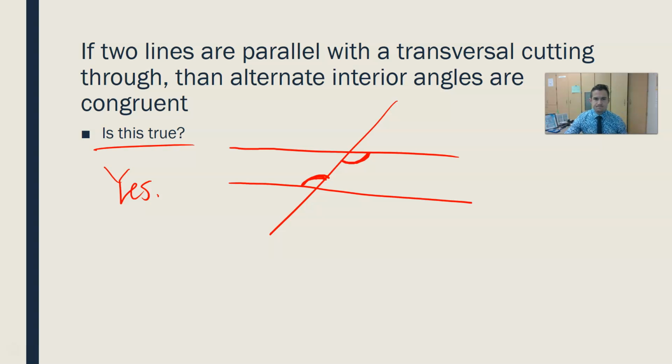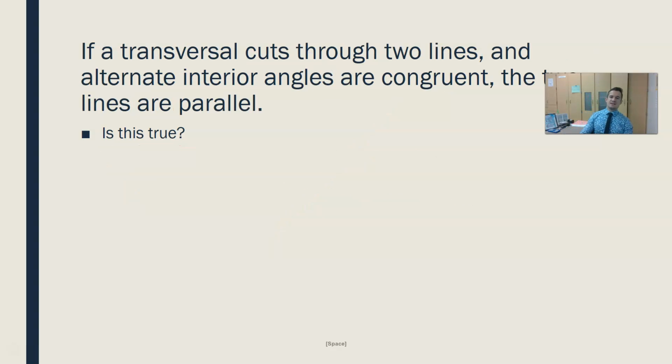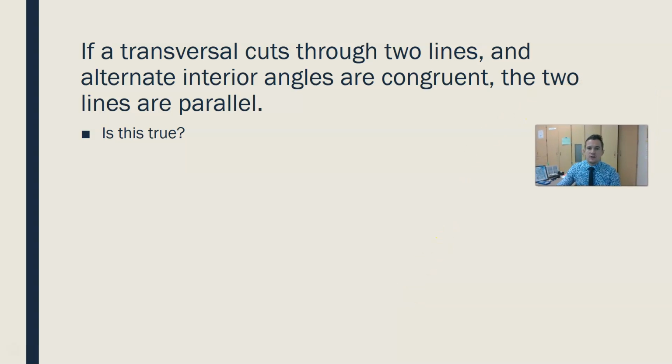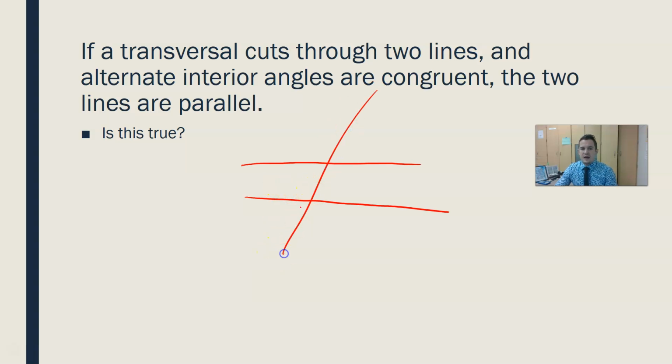Okay? Now take a look at this statement. If a transversal cuts through two lines, so if I have just two random lines, and I have alternate interior angles that are congruent, so I don't know these are parallel yet, but if I just tell you these two angles are congruent, the alternate interior angles, are those two lines parallel?